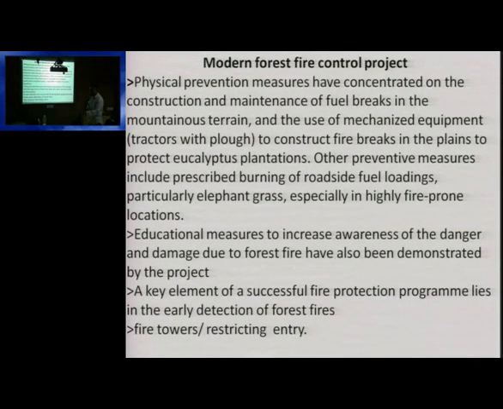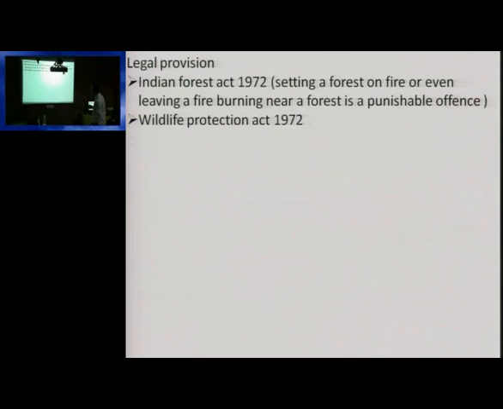And clearing of the roads and the railway tracks, that is also very important, because dry leaves in dry areas are usually on the roadsides or the rail tracks. What will happen is, passengers, while traveling by road or by train, might unintentionally, because of their action, create a fire. That is very important.